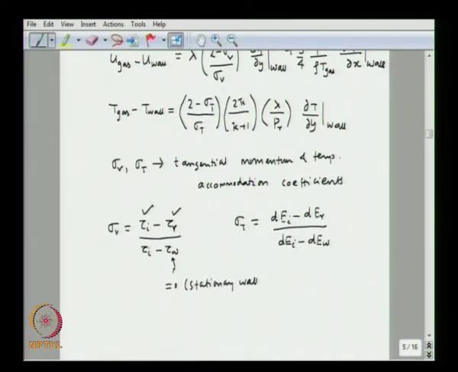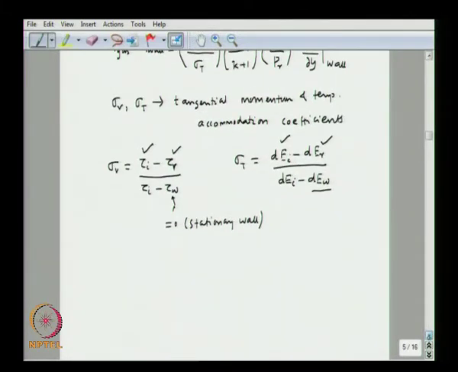Similarly, in sigma T, dEi is the energy flux of the incoming molecules, dEr is the energy flux of the reflected molecules, and dEw is the energy flux of the re-emitted molecules that have been adsorbed to the surface. So this is how we define the tangential momentum and temperature accommodation coefficients.